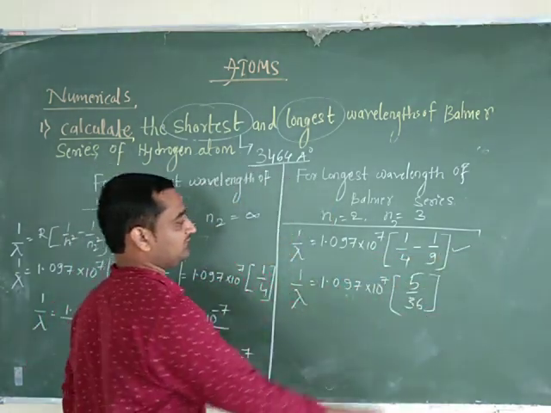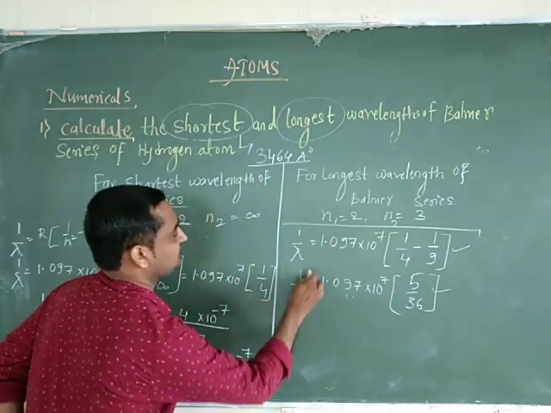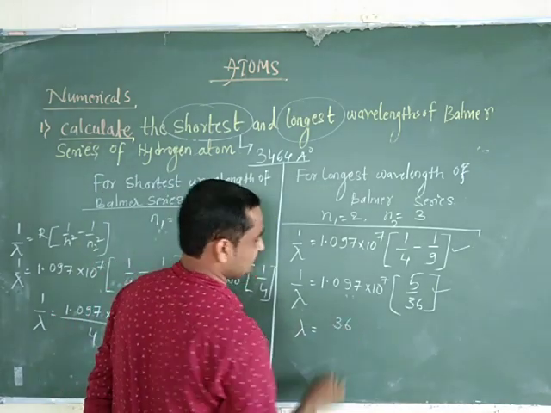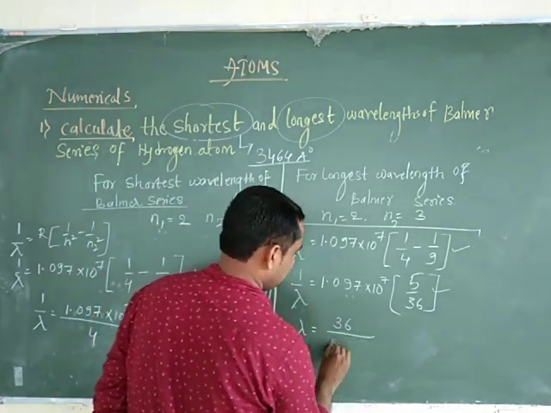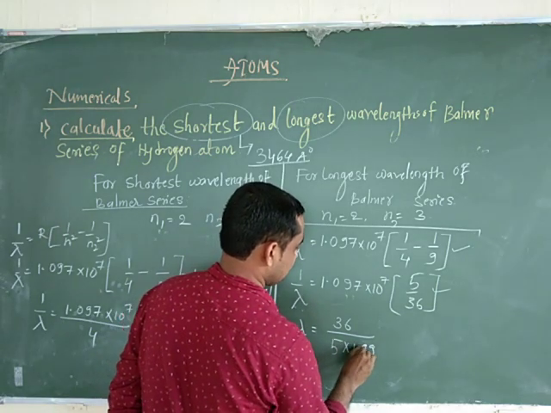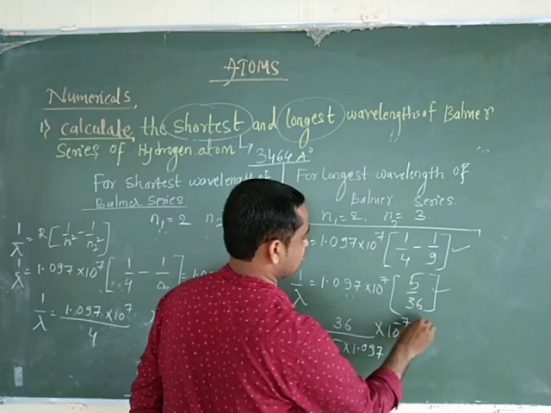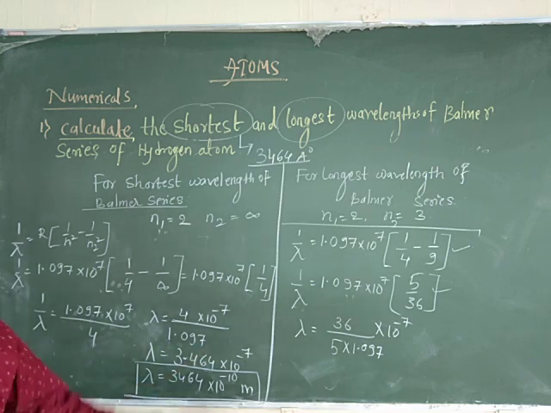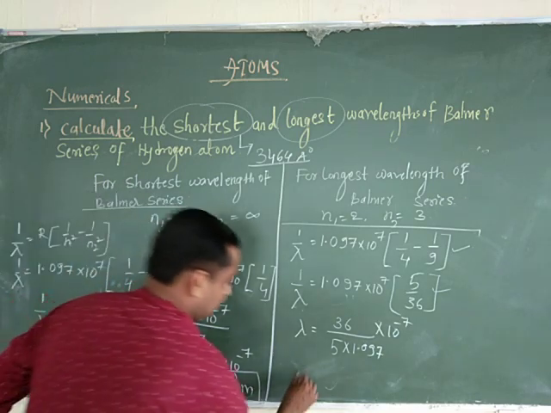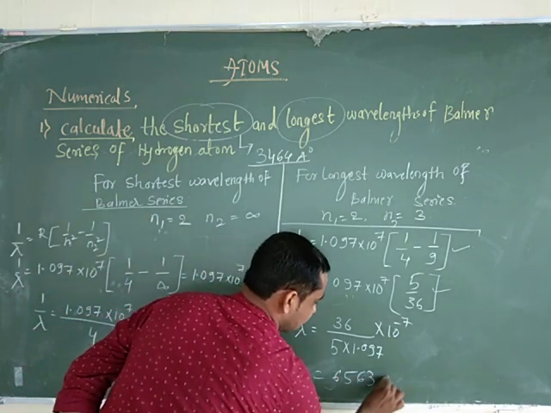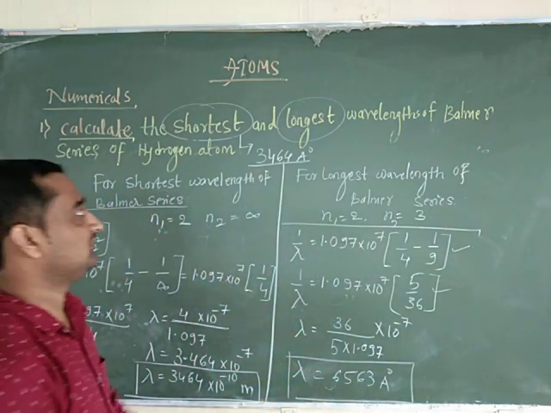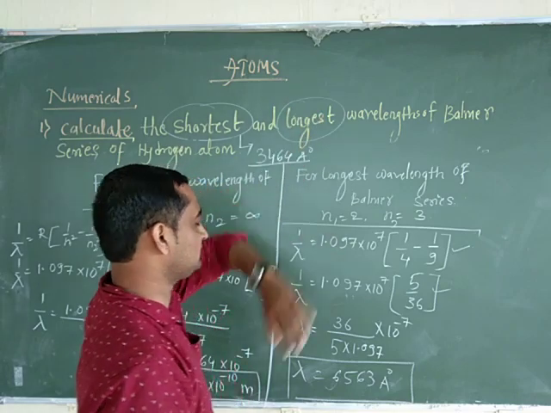Now this is 1 divided by lambda, therefore the value of lambda is equal to 36 divided by 5 into 1.097 into 10 to the power minus 7. If we solve this, we will get 6563 angstrom. So this is the wavelength of the first member of the Balmer series, that is, the longest wavelength of the Balmer series.